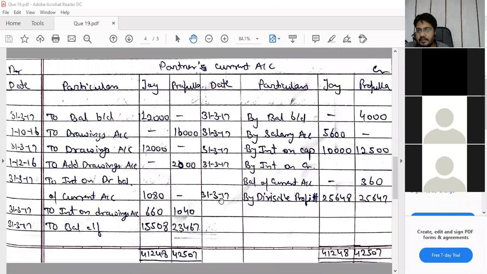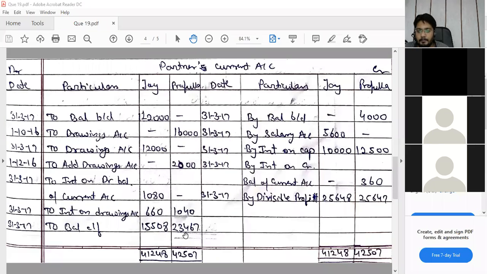So 31st March 17, by divisible profit of Jay 25,648 and of Prafulla 25,647. Now close Jay and Prafulla's accounts. So we have a debit side balance carry forward. Write on the debit side 31st March 17, to balance carry forward of Jay 15,508 and of Prafulla 23,467.